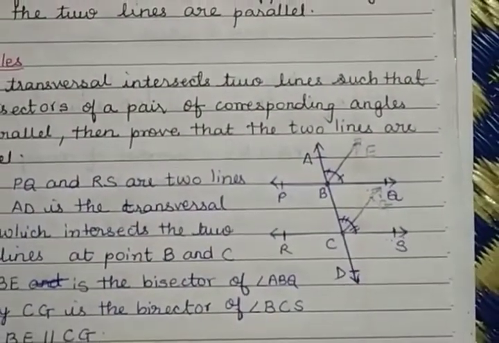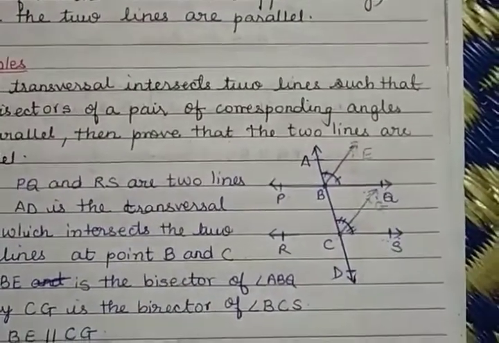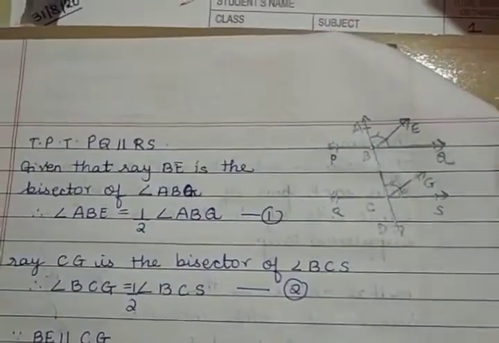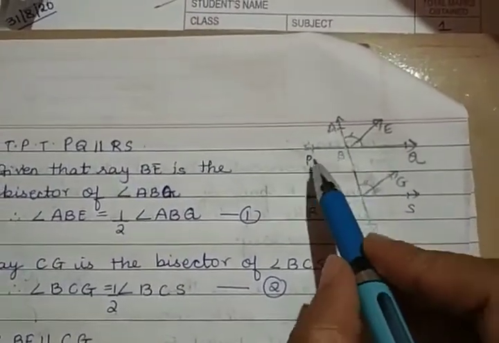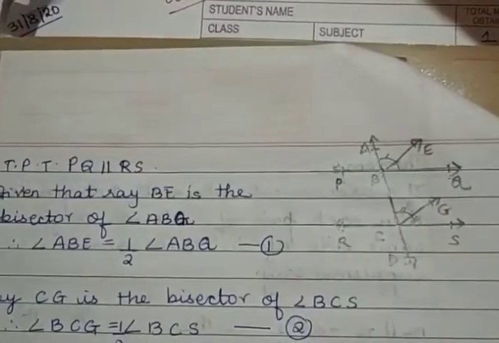And it is given that BE is parallel to CG. What do we have to prove here? We have to prove that PQ is parallel to RS.